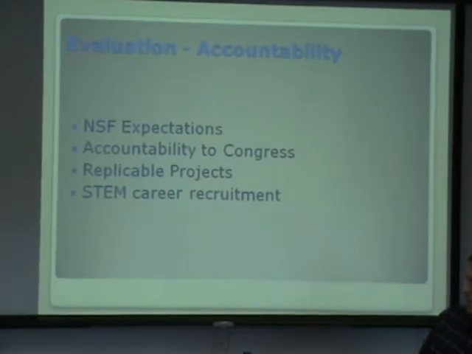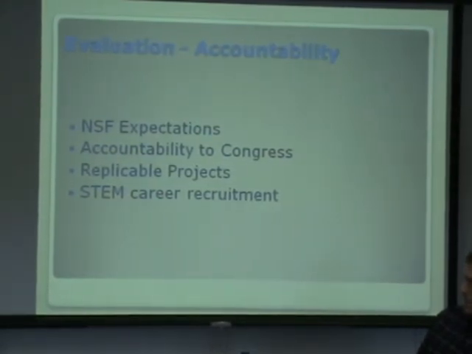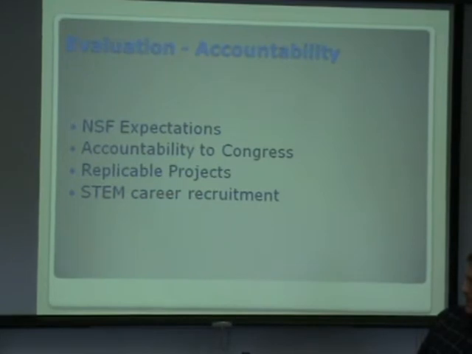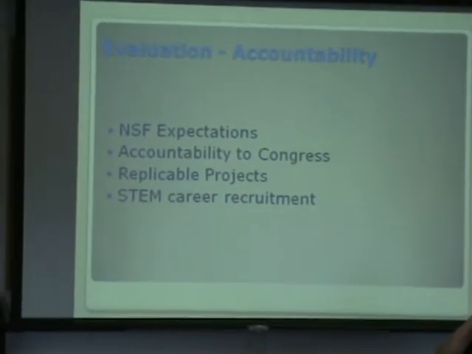Prior to that, it was called the TICG, technology in the schools grant. Some of you may have been a part of them. There was a lot of money during the middle of the Clinton administration, and they had given out millions and millions of dollars to schools, and they had nothing to show for it.